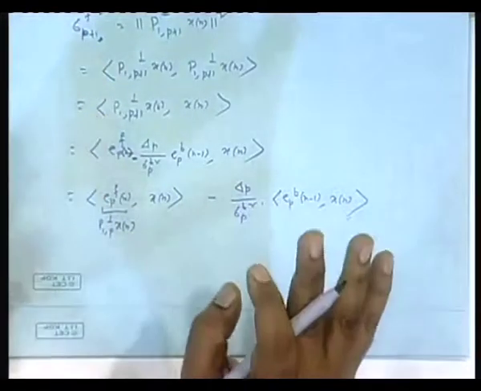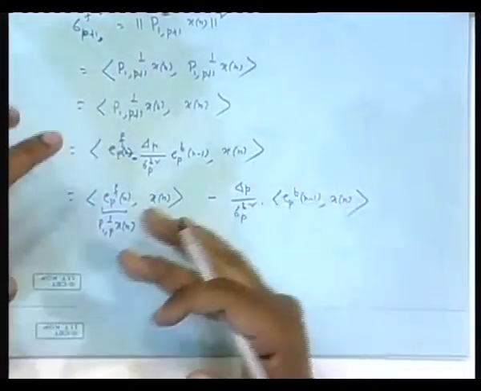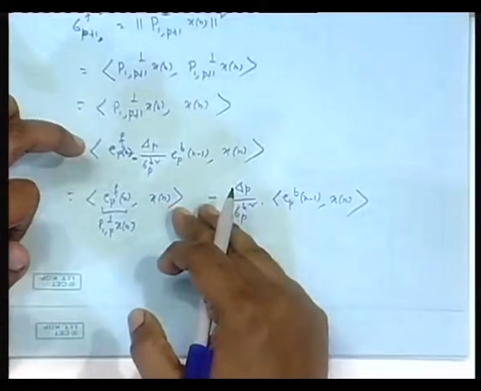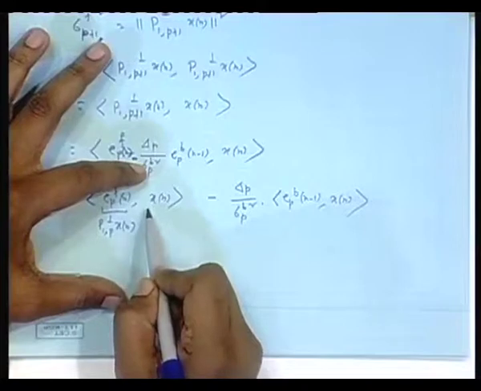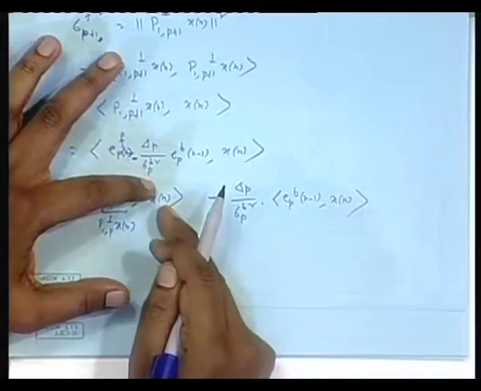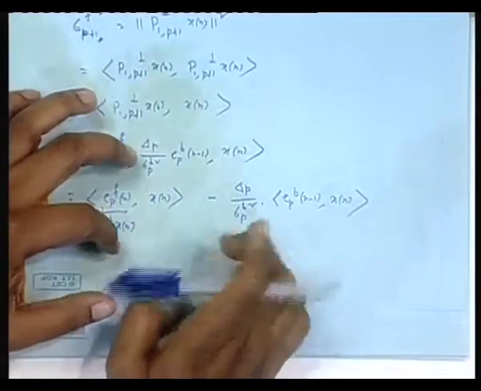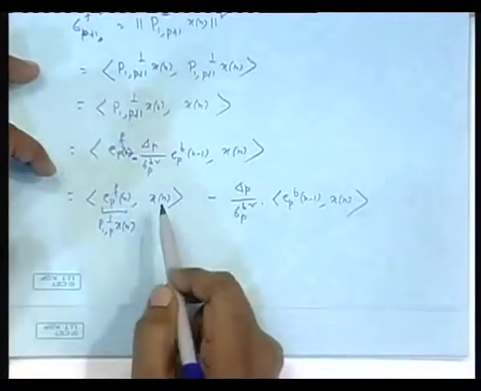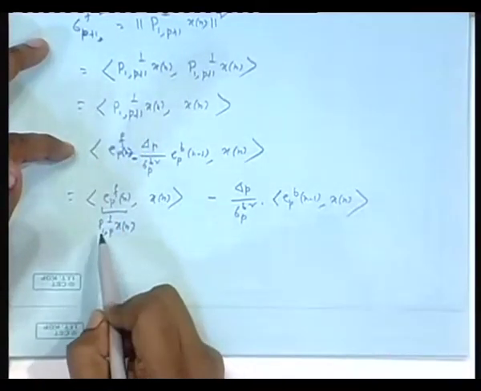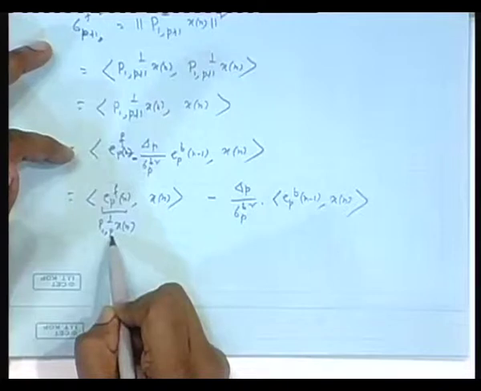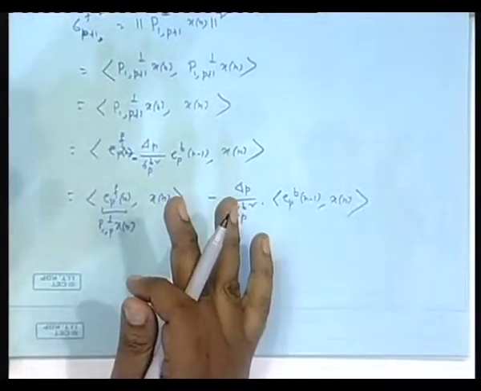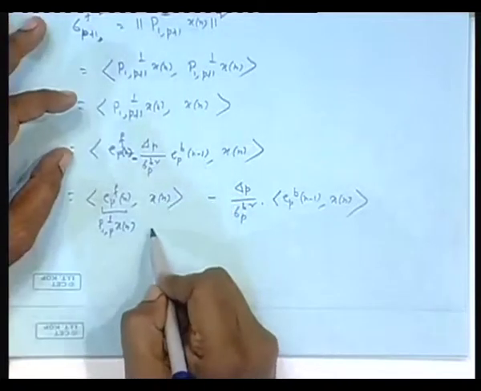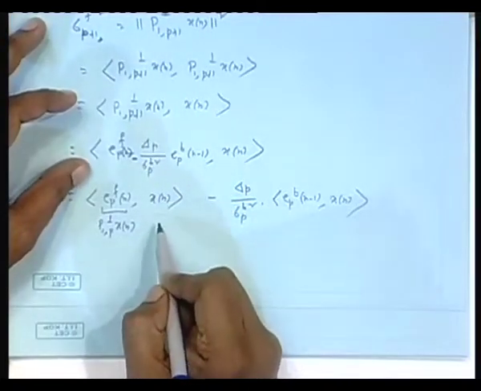See, that I did many times. Again, for your sake, so that you do not forget it, I am reminding. When I am saying I can take this operator and repeat it here, physically what does it mean? x n I am writing as a summation of two components, the projection and the projection error. Projection space is same, spanned by x n minus 1 to x n minus p, but the projection part and this are orthogonal, they are cancelling in the inner product. So, again the error part will be there, isn't it?